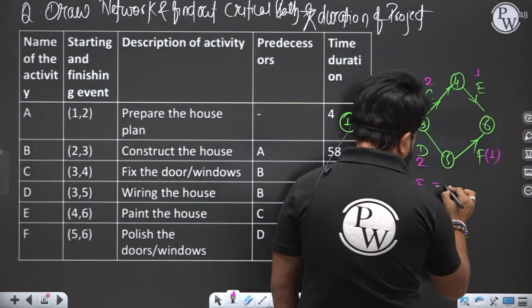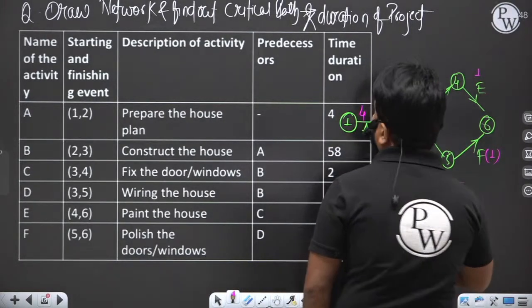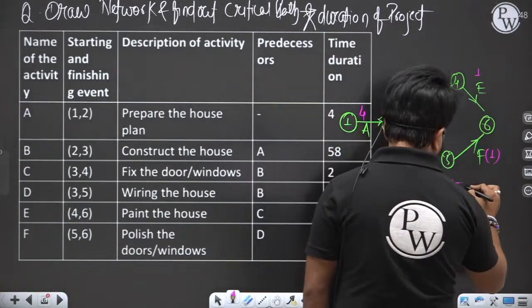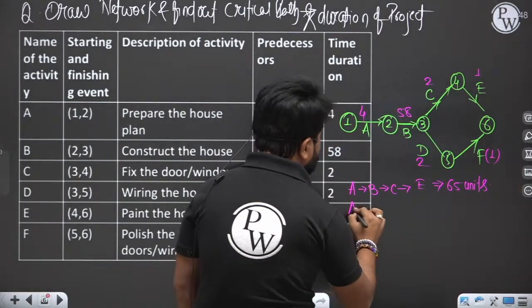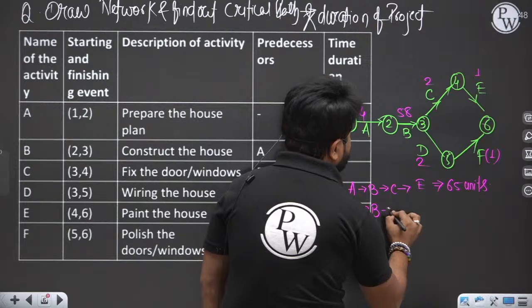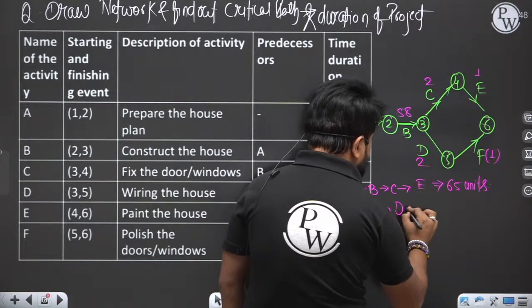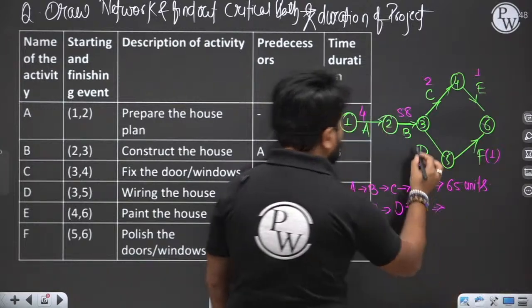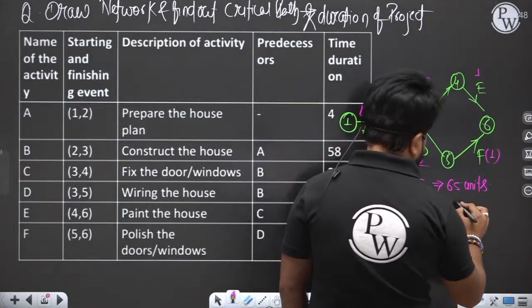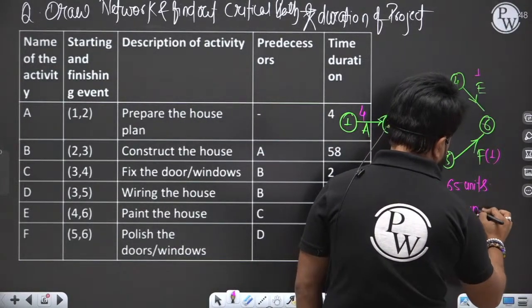So it will give 65. Okay, time duration, let's say 65 units. Now if you go from A to B, B to D, and D to F, it will again be 65 units.